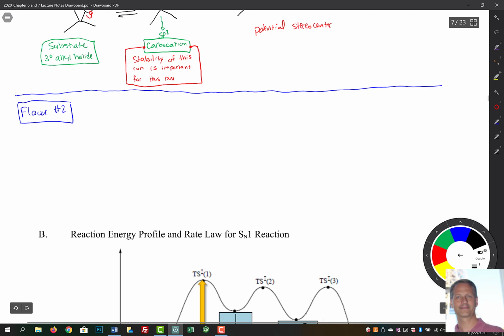So we're going to go through here. Here's our iodide. That's your substrate with a good leaving group. And the first step of this reaction, remember, is that we have our leaving group take off. So that's your step number 1. And that, remember, is your rate determining step. So put a plus charge there, just like this.